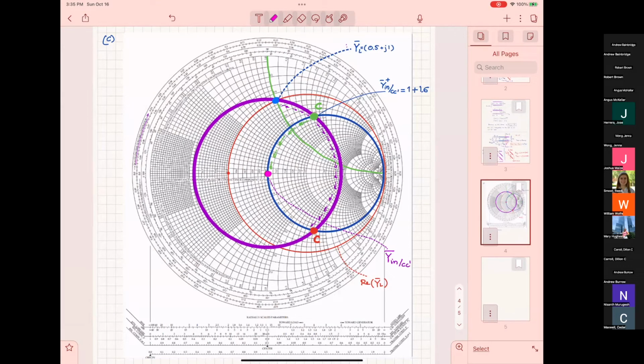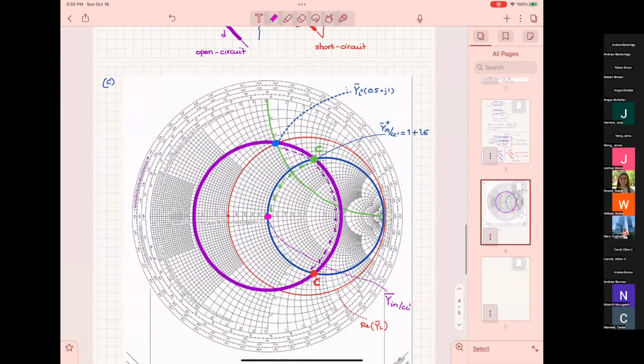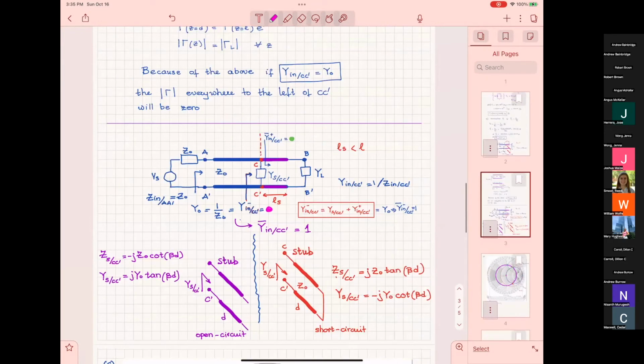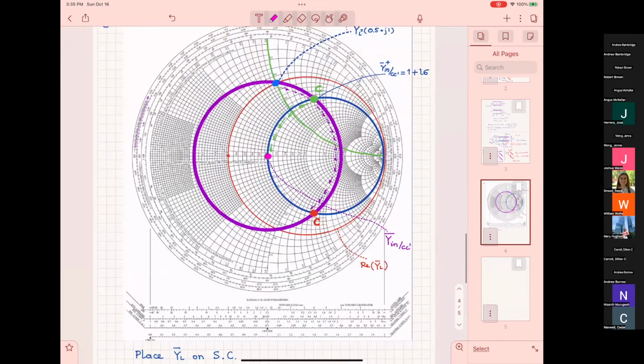And that addition of the stub shows, what color have I given the stub? Red. Okay, shows this. That is the change in the reactance that the stub causes.